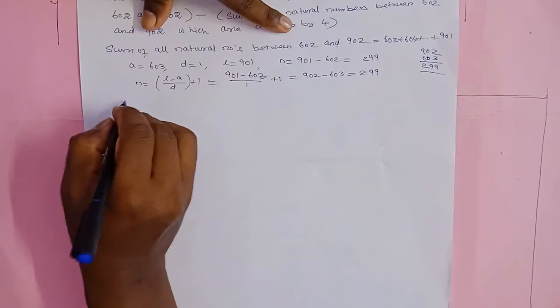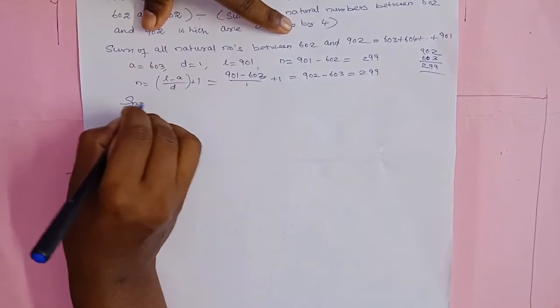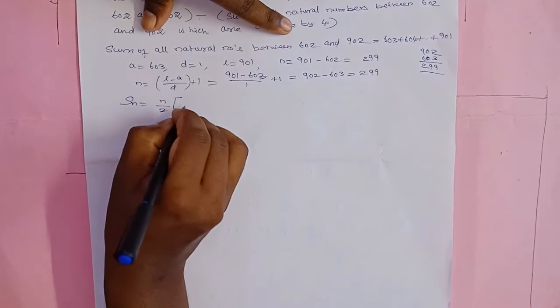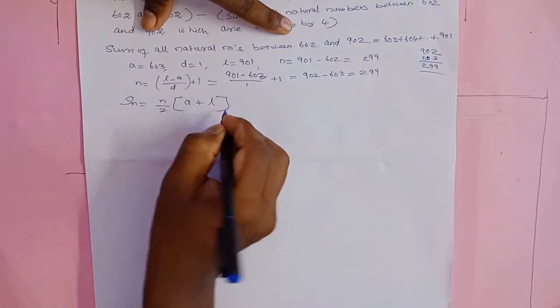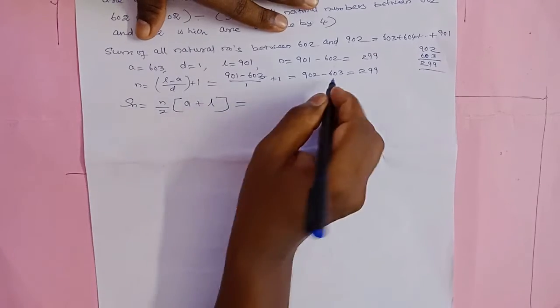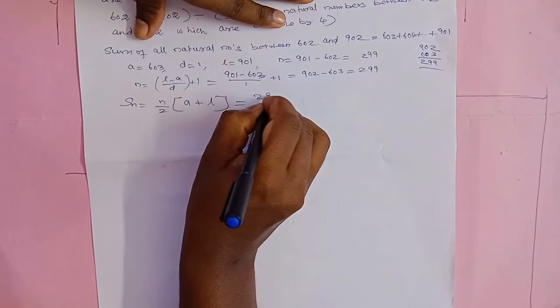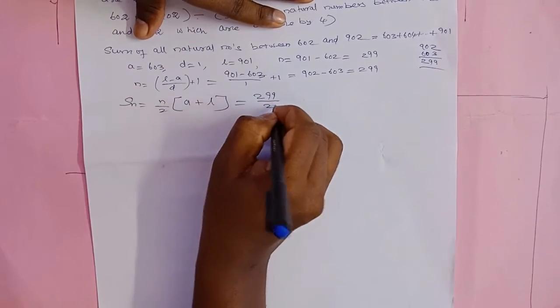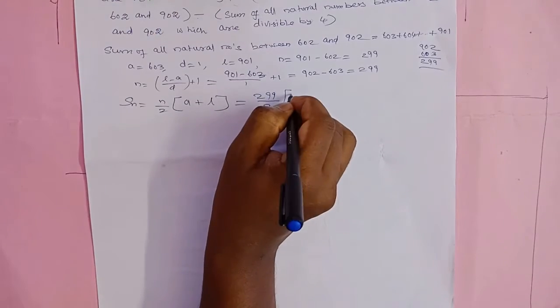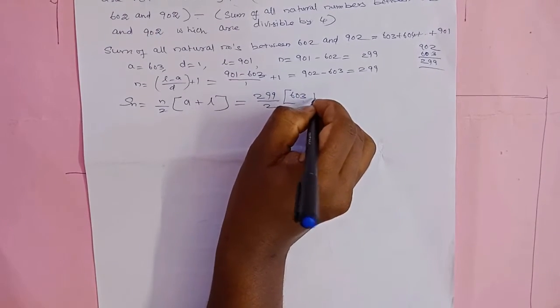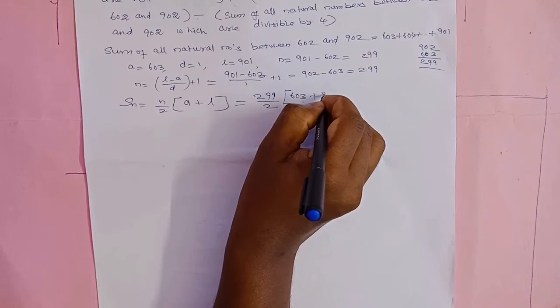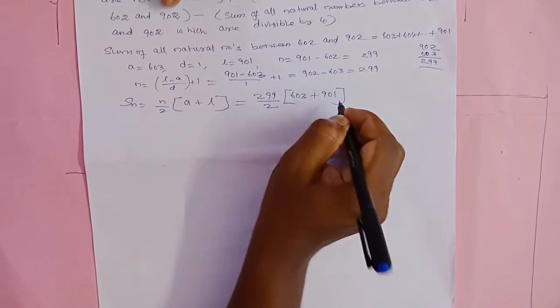Therefore, the formula when the last term is given: Sn is equal to n by 2 into (a plus L). Which is equal to n by 2. What is n? 299 by 2 into a is equal to 603 plus L is equal to 901.